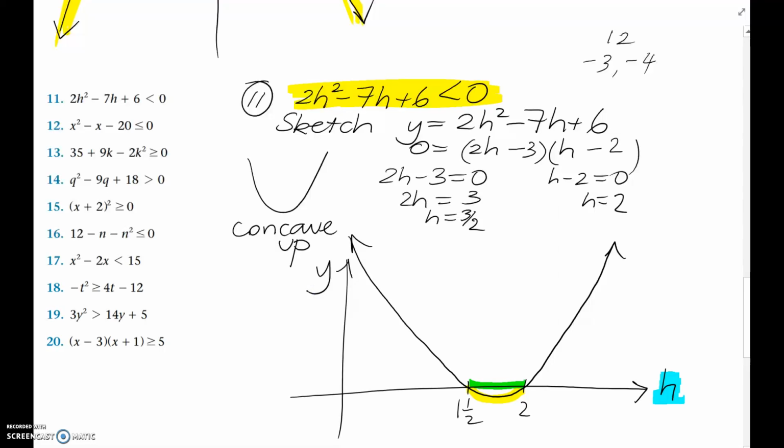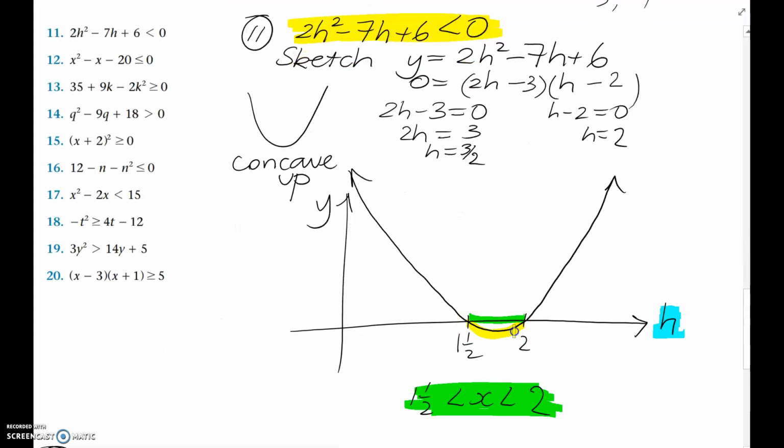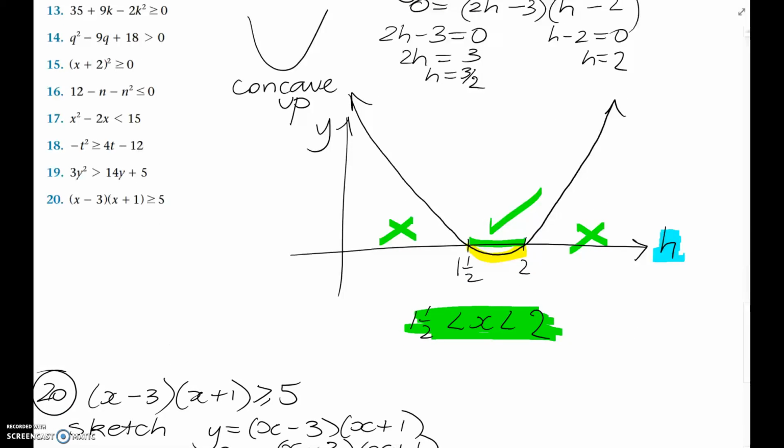So as usual, we find our h-intercepts. I found them to be 1.5 and 2. And then I'm looking for the bit that's less than 0. So that's this bit that dips under here. So which bits of the h values work? Well, it's not these h values down here. It is these and not those. So it's actually in between those critical values.